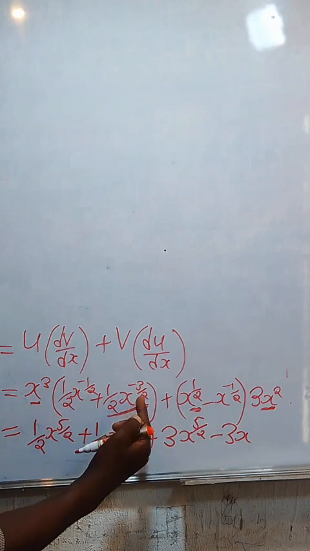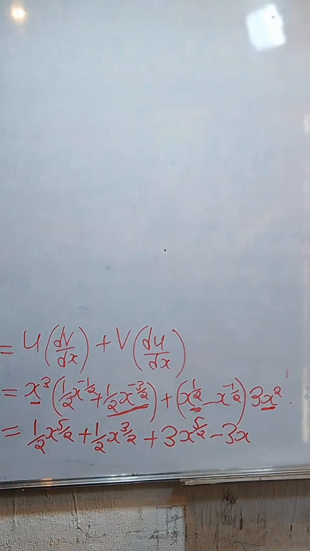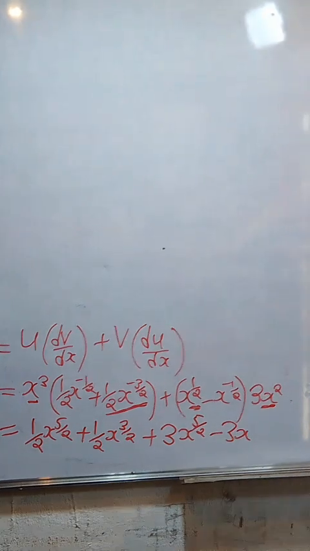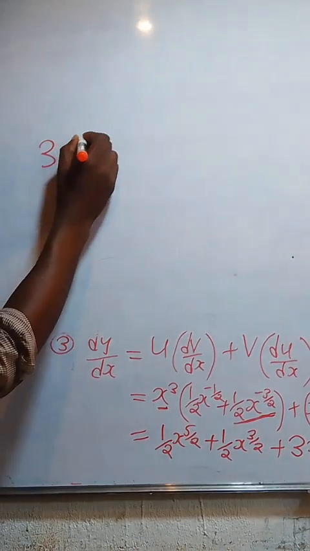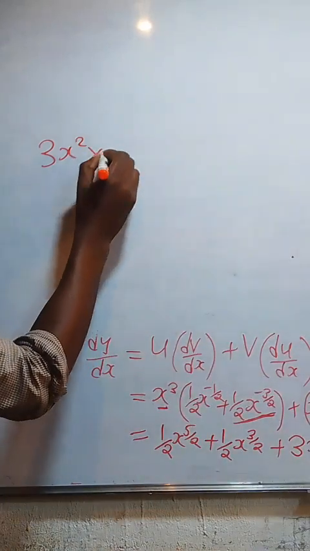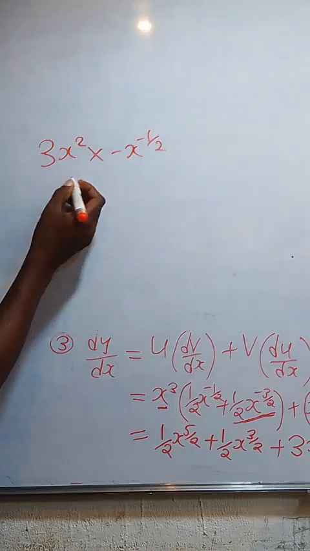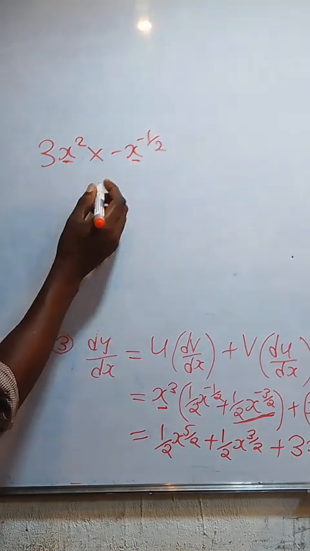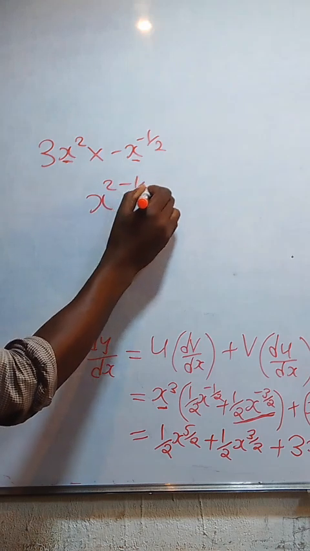So when you look at this one, it's 3x to the power 2 times this, times negative x to the power negative half. The bases are the same, so we can add the powers: x to the power 2 minus half.